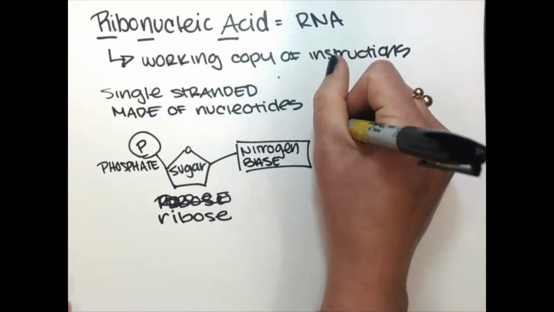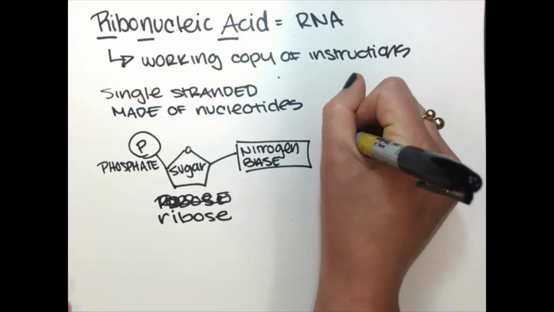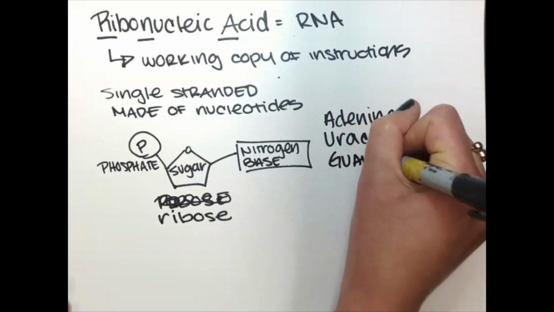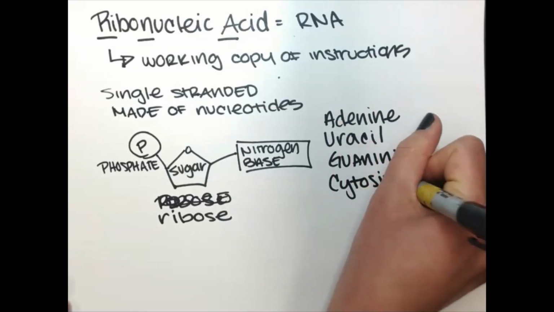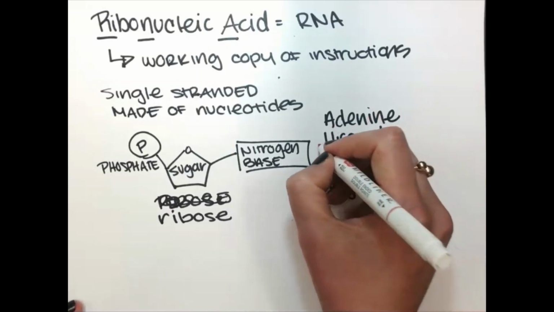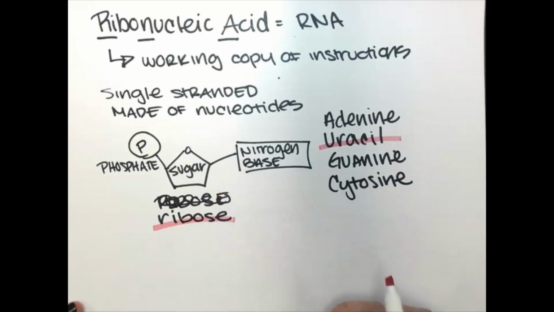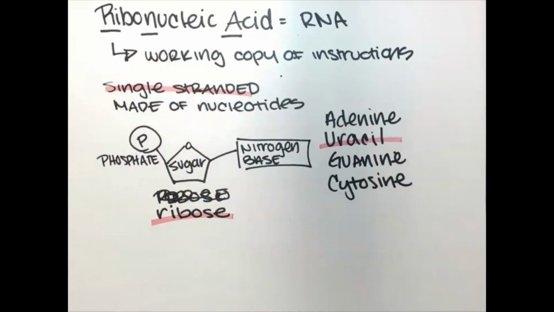So you have A again, so adenine, uracil, guanine, or cytosine. So you have one of these 4 nitrogen bases. So here you can see some of those differences. You have uracil instead of thymine, you have ribose instead of deoxyribose, and it's going to be single-stranded.